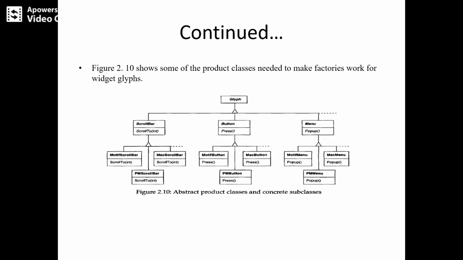This figure 2.10 shows some of the product classes needed to make the factories work for widget glyphs. Here the main class is glyph, and we have taken the subclasses scroll bar, button, and menu. The scroll bar is followed by Motif scroll bar, similarly Mac scroll bar, with the operation scroll to integer, and PM scroll bar followed by scroll to integer.